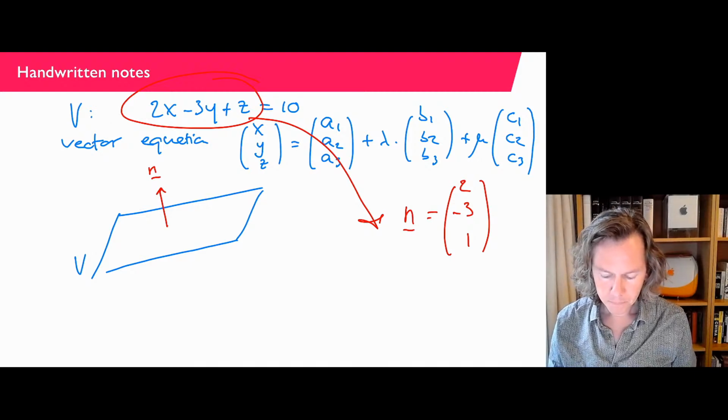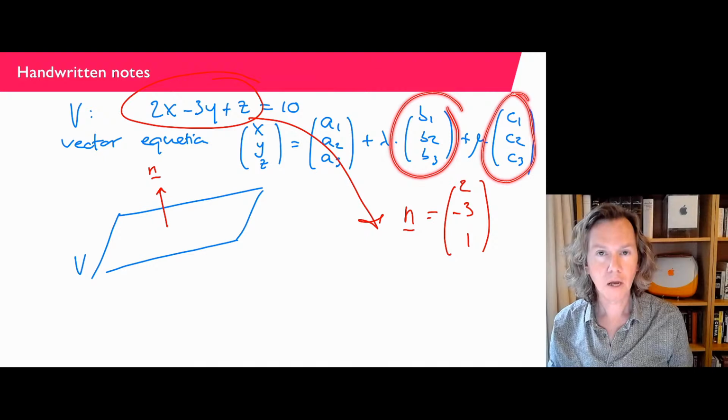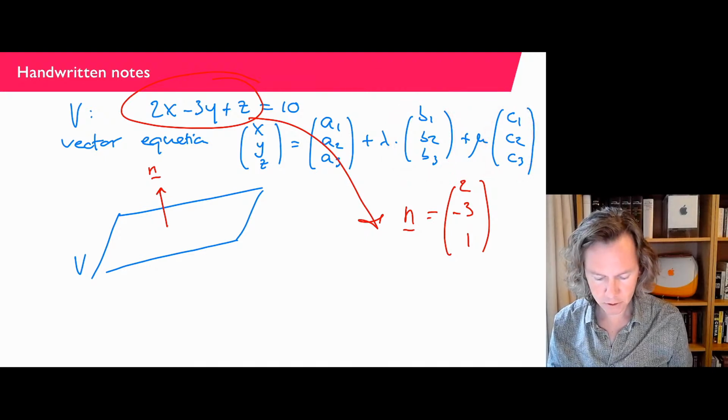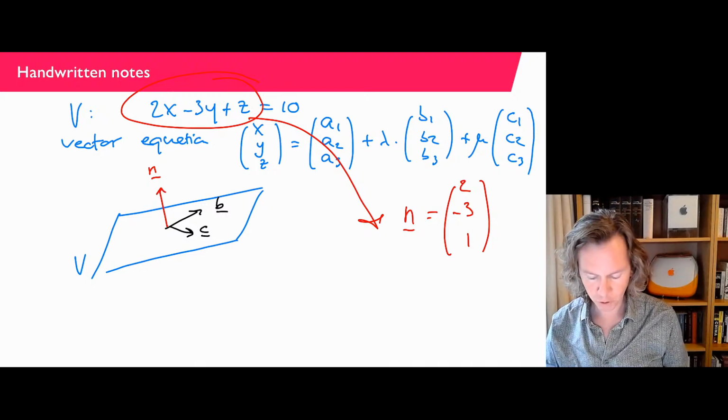Now, these vectors B and C should lie in the plane, which means that they are orthogonal to the normal.